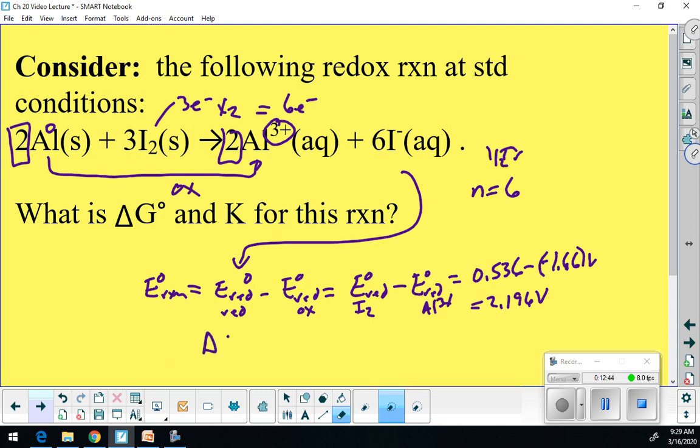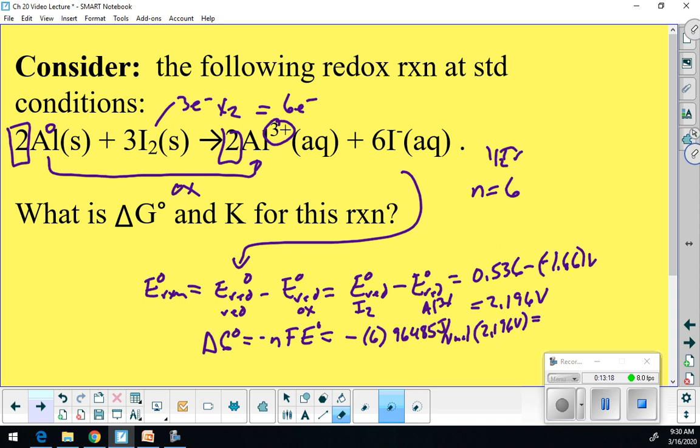So my delta G prime is equal to negative nFE prime, which is equal to negative 6 moles of electrons, times F, 96485 joules per volt mole, times 2.196 volts. Right, good. And so what do I have? 2.196 times 96485 times 6.